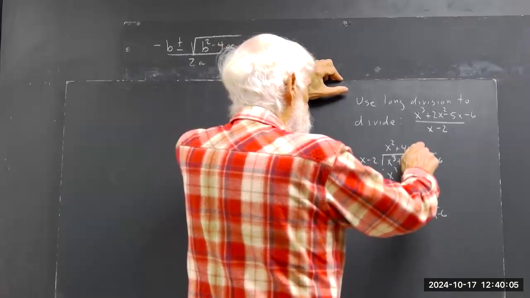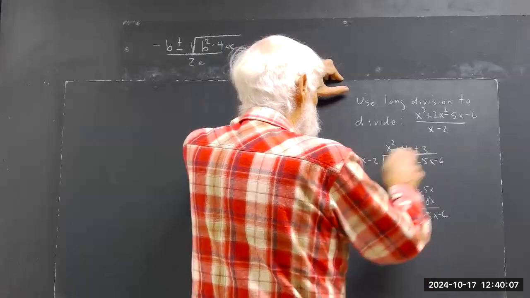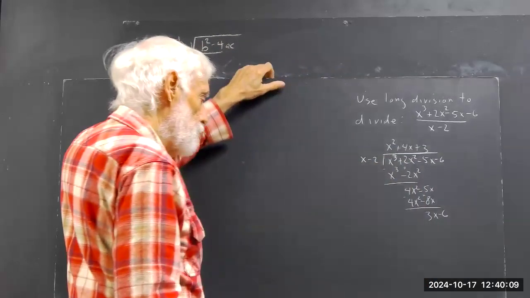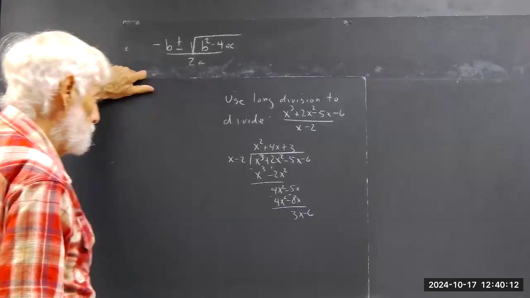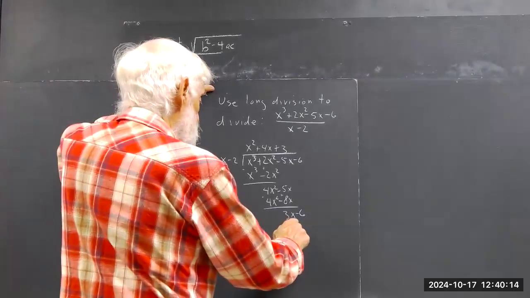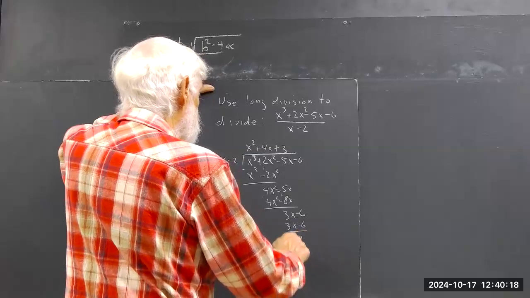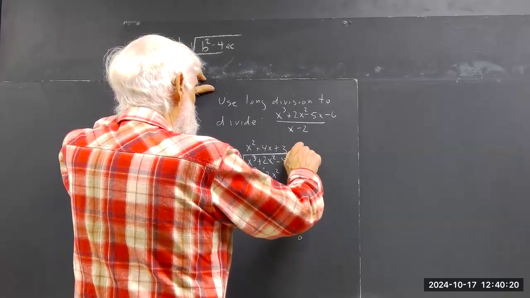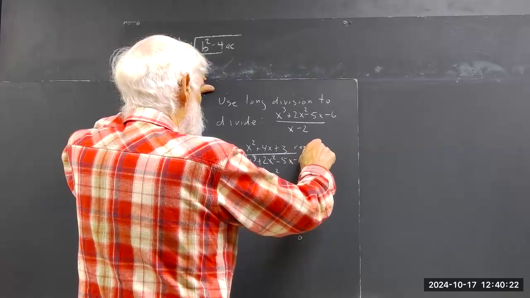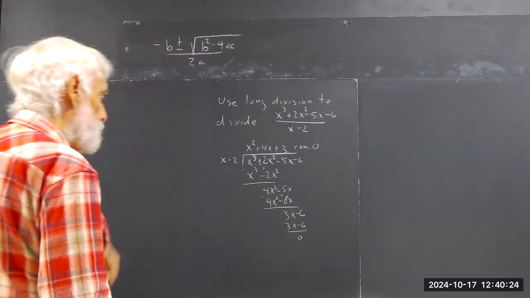And x goes into 3x 3 times. 3 times x minus 2 gives you the 3x minus 6. Gives you 0. So that remainder is 0.